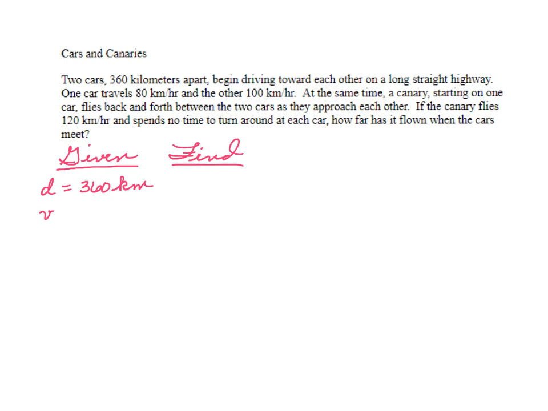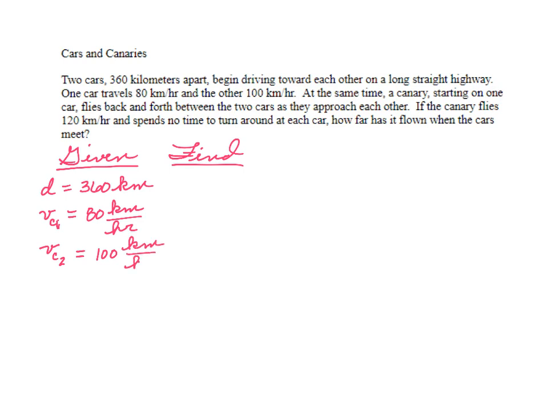So I'm going to label those V sub C1 and V sub C2 just to distinguish between them. So C1 is going to be 80 kilometers per hour. And C2 is 100 kilometers per hour.